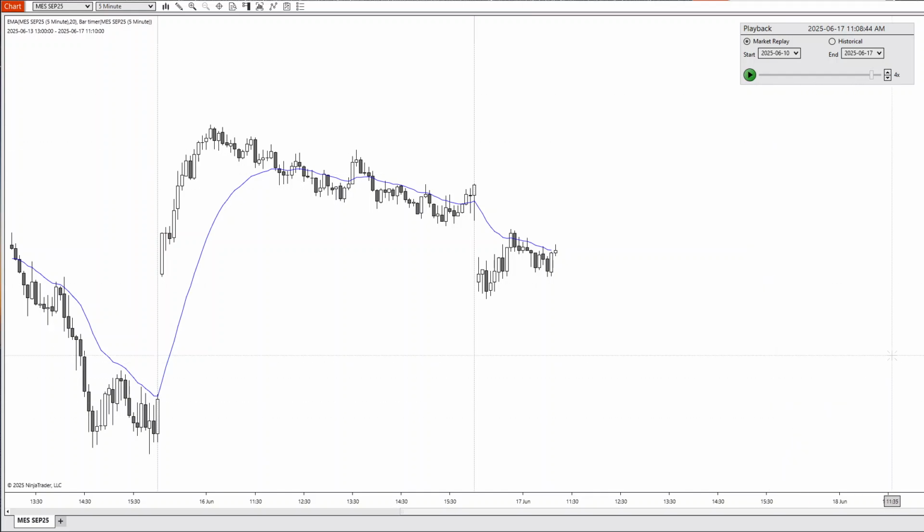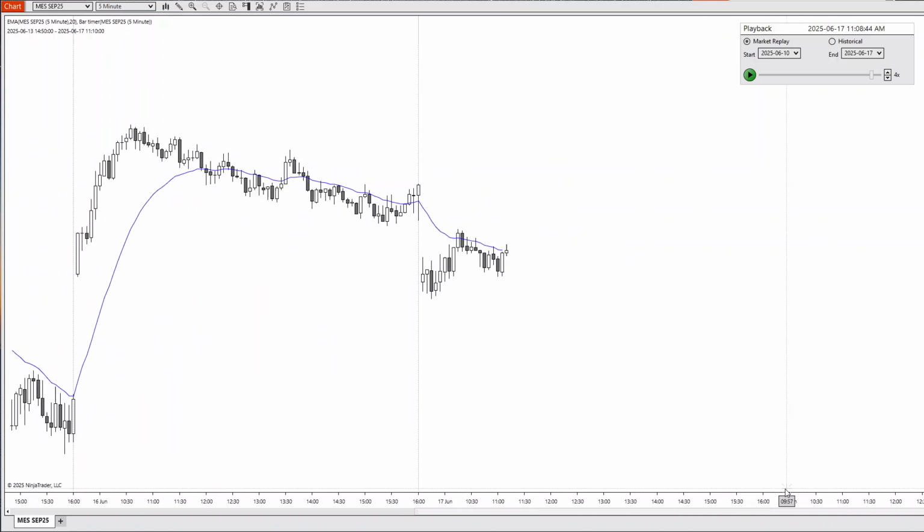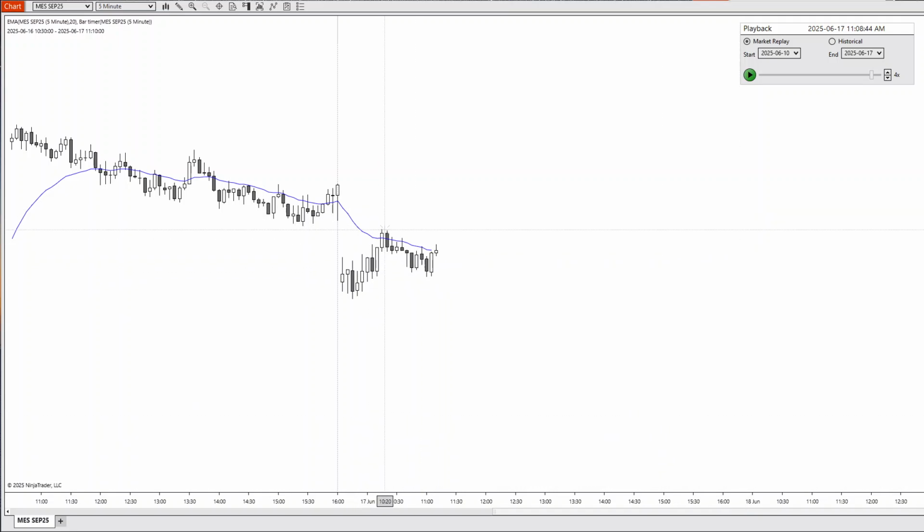Let me slow down a little bit. Let's see what this market is doing. It's completed a leg 2 now. Yeah, it's a bull bar.